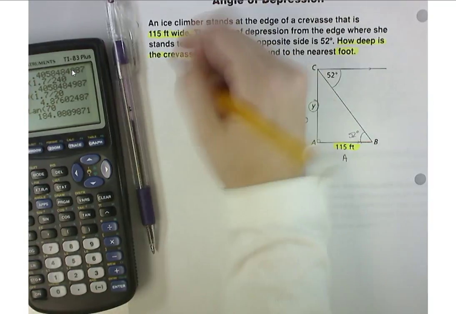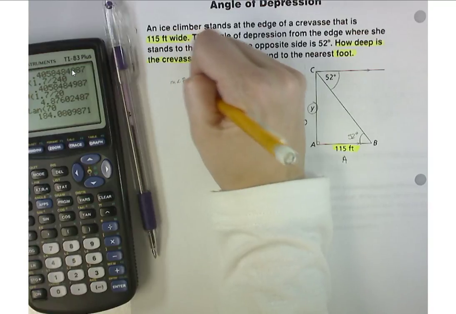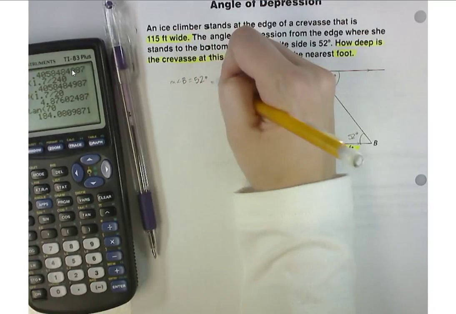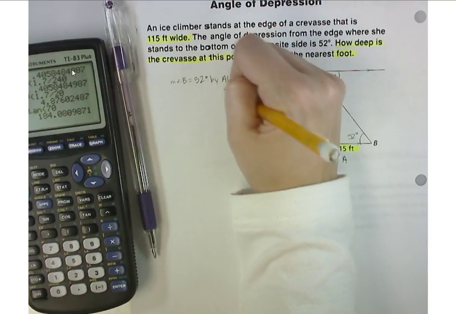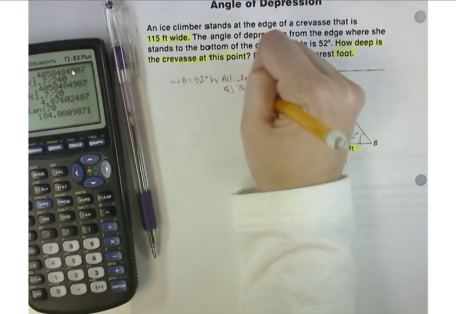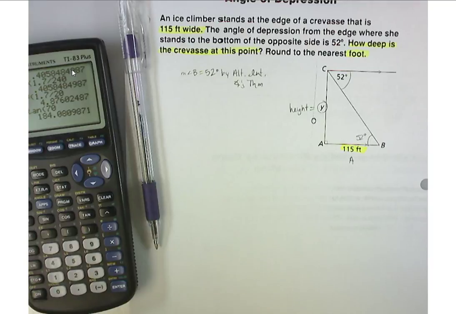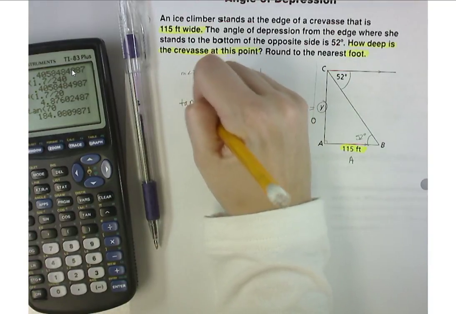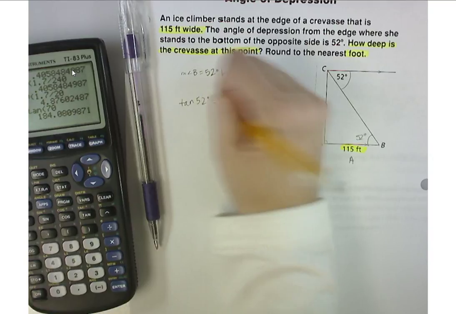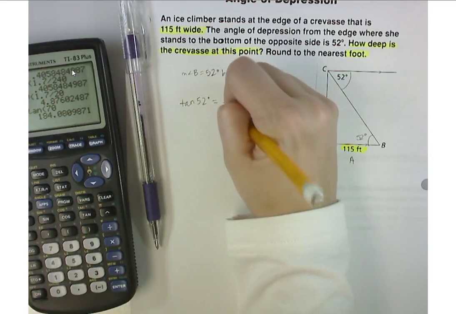Okay, so you know the measure of angle B equals 52 degrees by the alternate interior angles theorem. Then we can set up the tangent, because it's TOA: the tangent of 52 degrees is equal to y over 115.